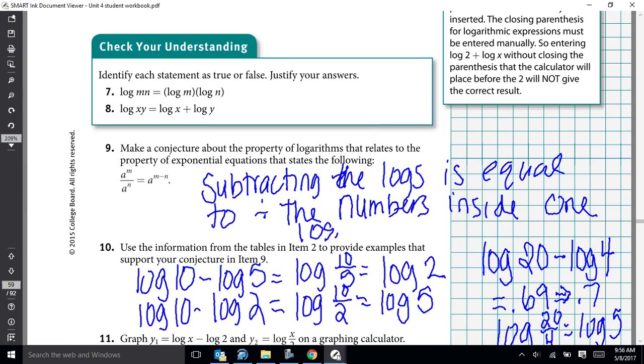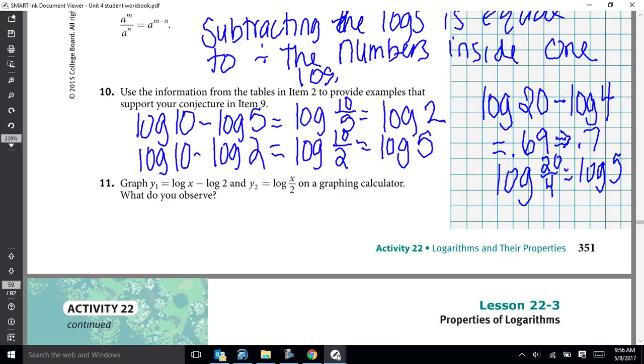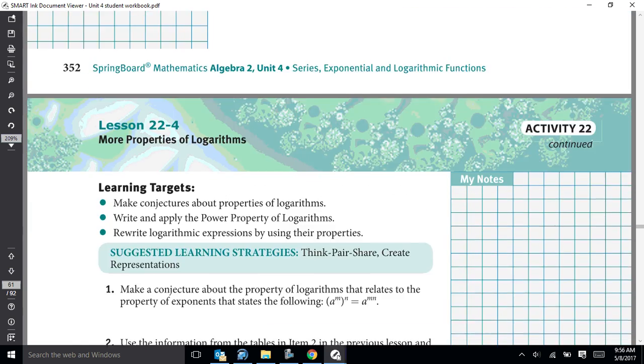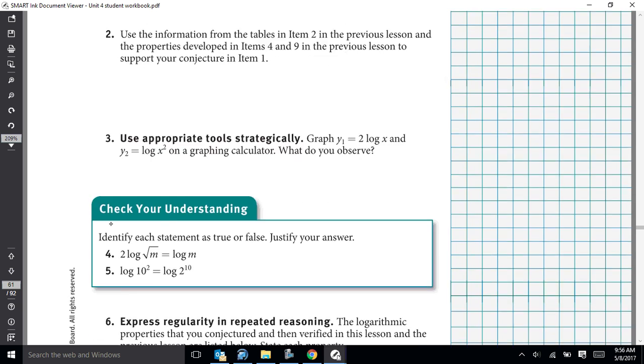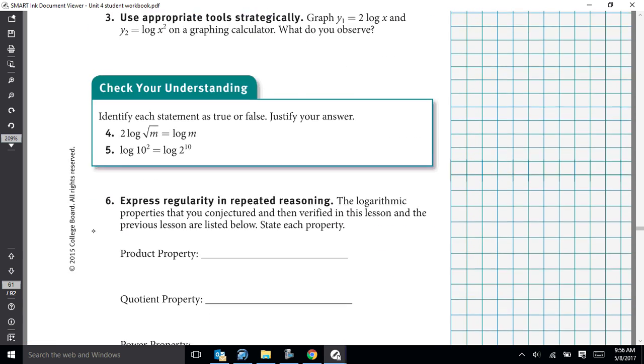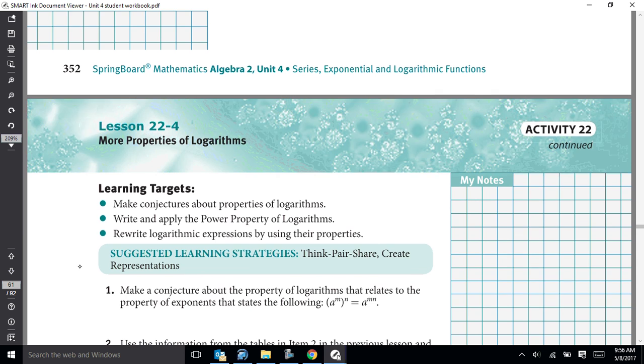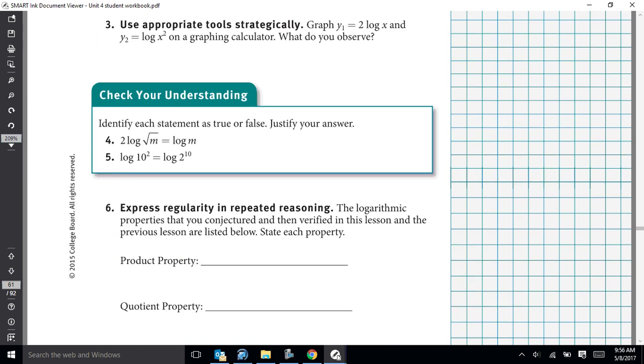No, Wednesday. Wednesday. Okay. Can we forget about homework and just go over the test? We have time. We can look over the test, and that way it will help me with your review, because we still have one other property to look at, which is the power property.